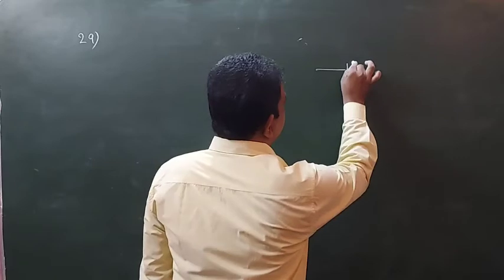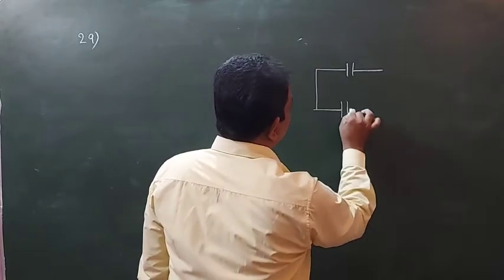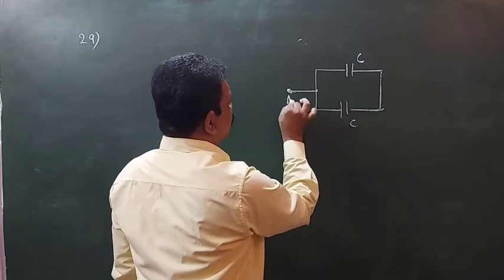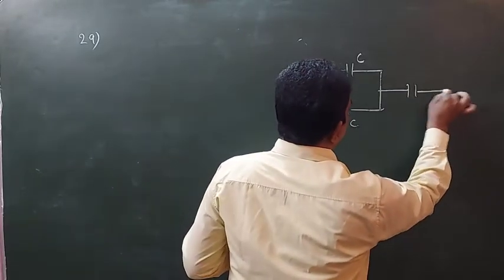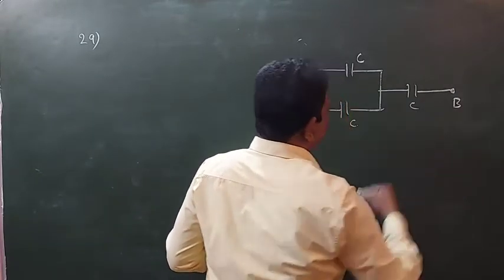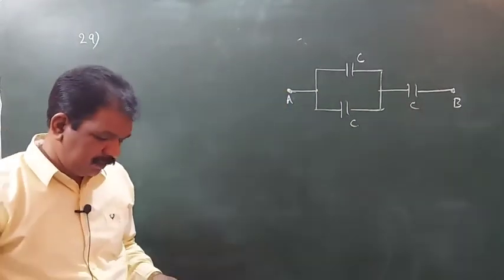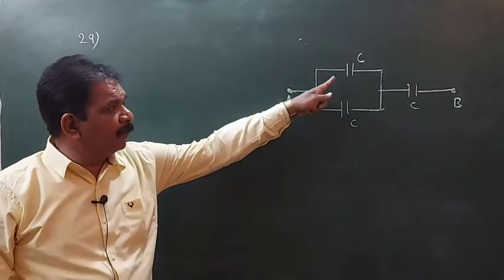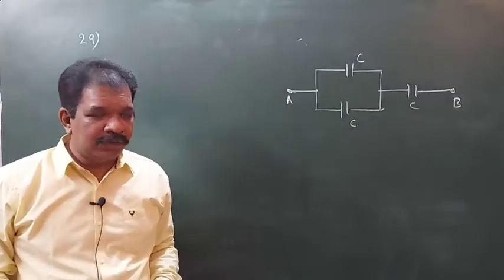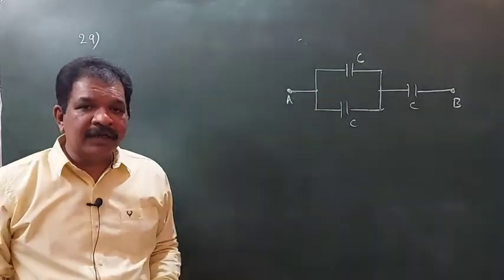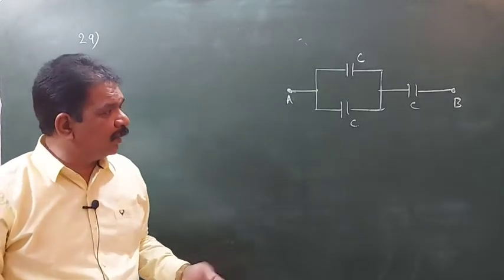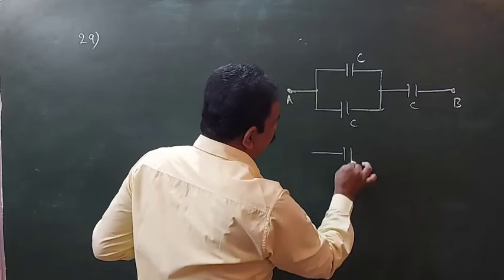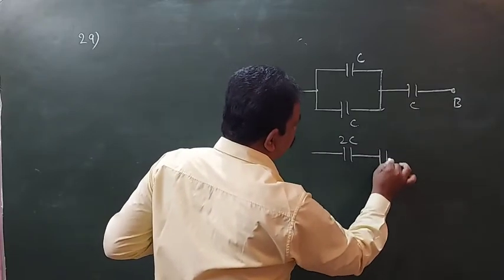Here 2 capacitors are there. These two are in parallel. Here A. Here one more capacitor is there. Let it be B. What they mentioned is that a capacitor can withstand a maximum of 100 volt. How much voltage can this combination withstand? That is the question. These two are in parallel, right? Effective will be 2C.